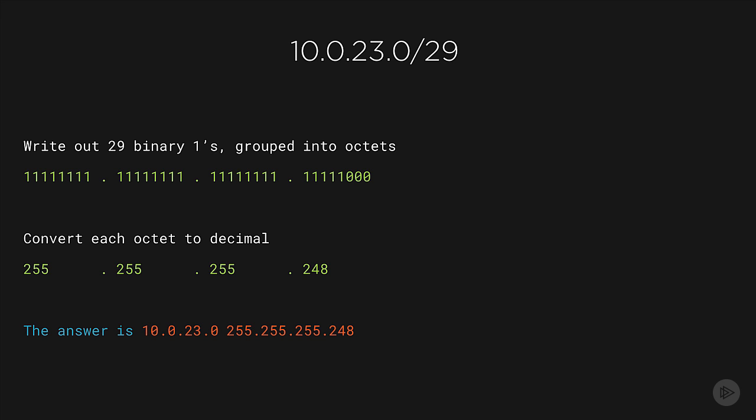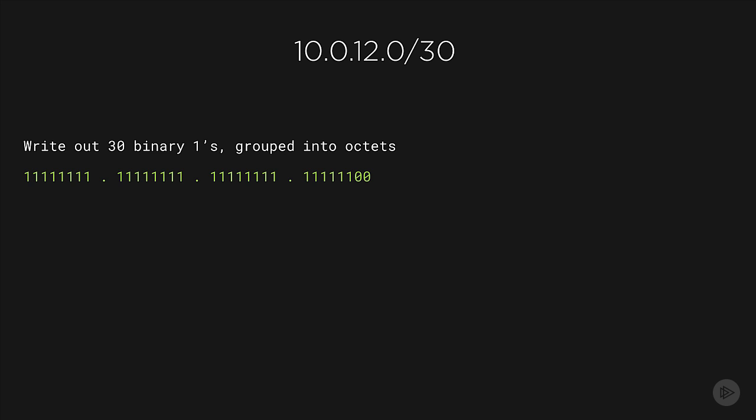The first 3 octets are 255. The last octet is 11111000, which is 128 plus 64 plus 32 plus 16 plus 8, which is 248. So the subnet presented in dotted decimal format is 10.0.23.0, 255.255.255.248.